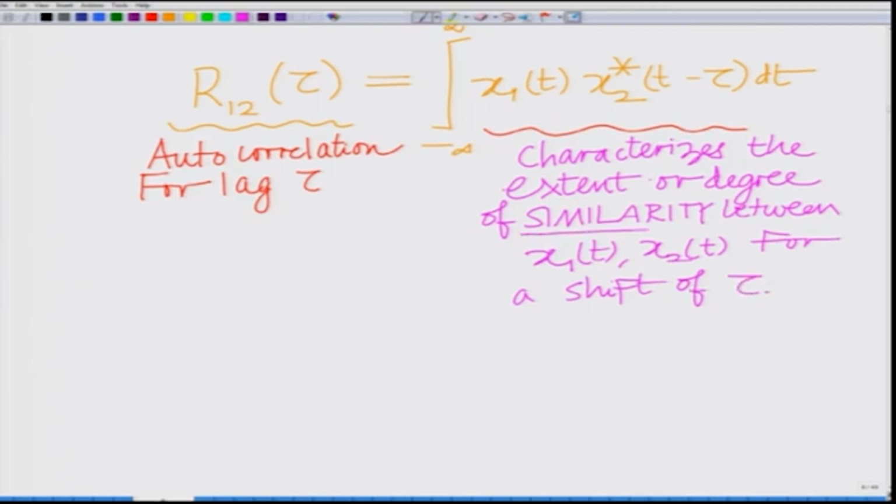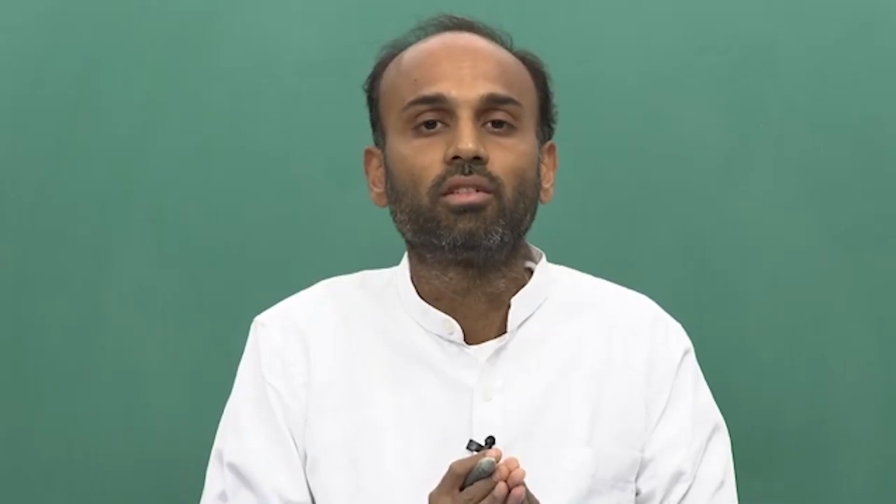The extent of similarity between x1(t) and x2(t) for a shift of tau, that is, corresponding to the shift of tau. What is the extent of similarity between the signal x1(t) and x2(t minus tau)?